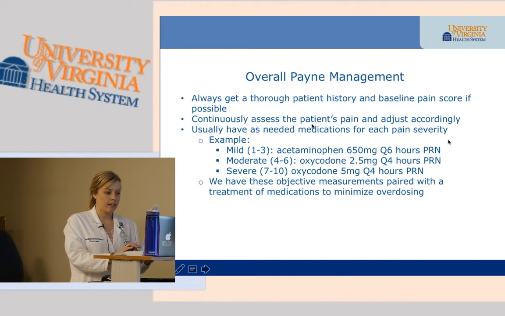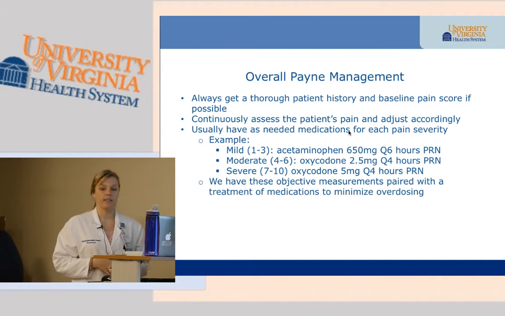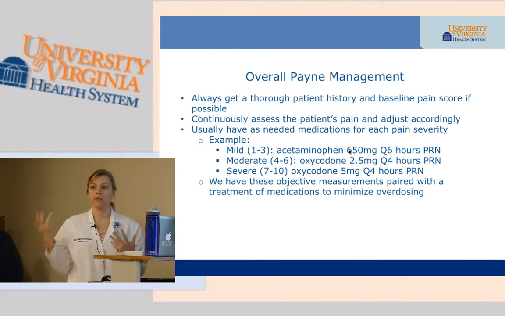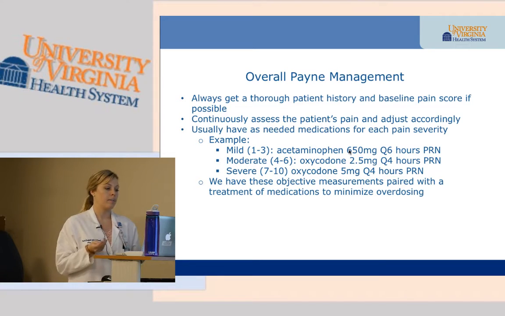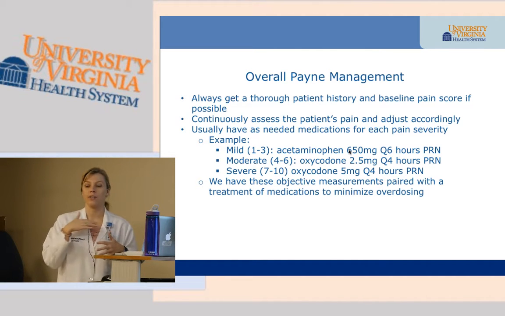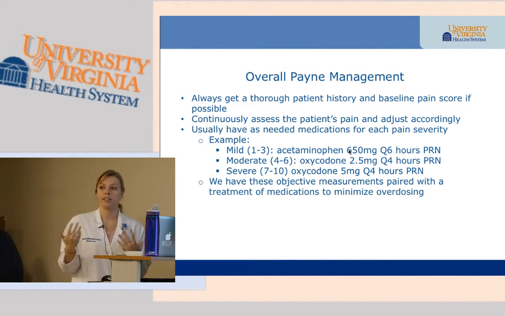Something that UVA does here is you can only have one medication for each pain severity. So we have mild, moderate, and severe. So that's something we look for as well to make sure that they're not doubling up on moderate. And it helps with the nurses so that they're not diagnosing someone's pain severity. That's already established, and the patient can tell them what score they want, and the nurse gives the appropriate medication.